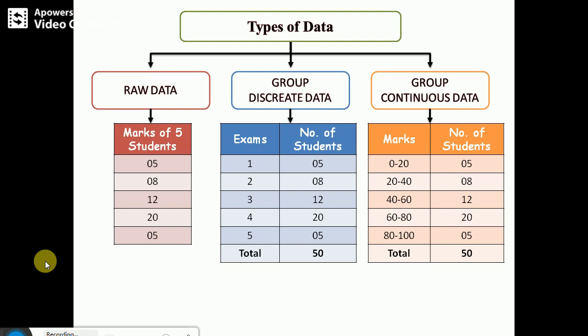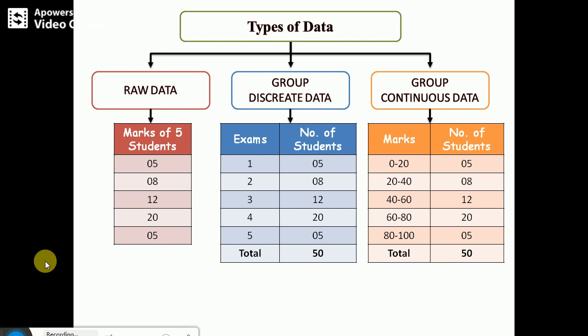The number of students is also called frequency. So there are 5 students who have scored less than 20 marks, 8 students between 20 and 40, 12 students between 40 and 60, 20 students between 60 and 80, and only 5 students between 80 and 100. Again there are total 50 students.